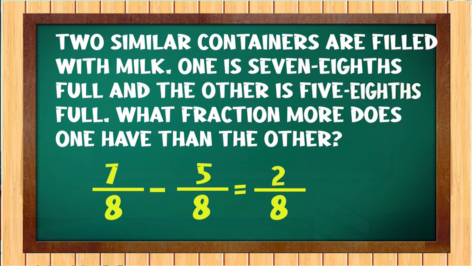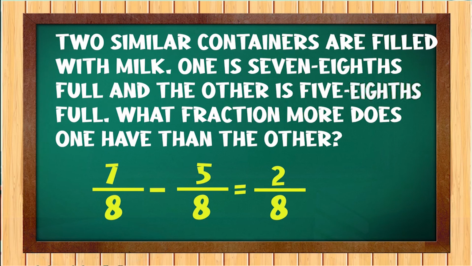Our answer is 2/8. Boys and girls, can we write 2/8 on the answer line? No, we can't, because 2/8 can be expressed in a simpler form. What number can we use to reduce 2/8 to its simplest form? Did you say 2? You are absolutely correct.